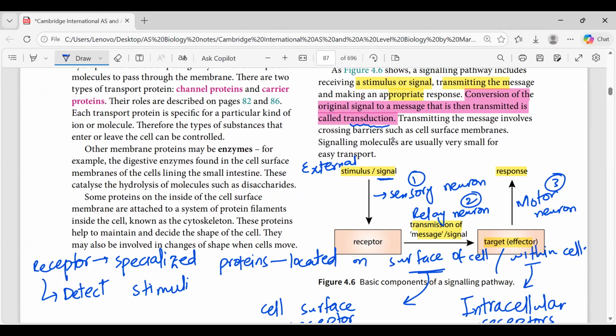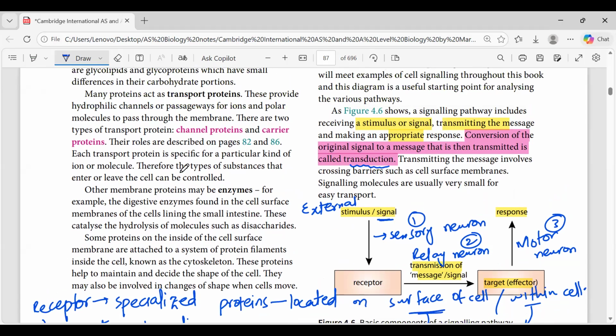Okay, let me open this. This is page number 87. I hope it may open in the open board. It is easy to write in open board.